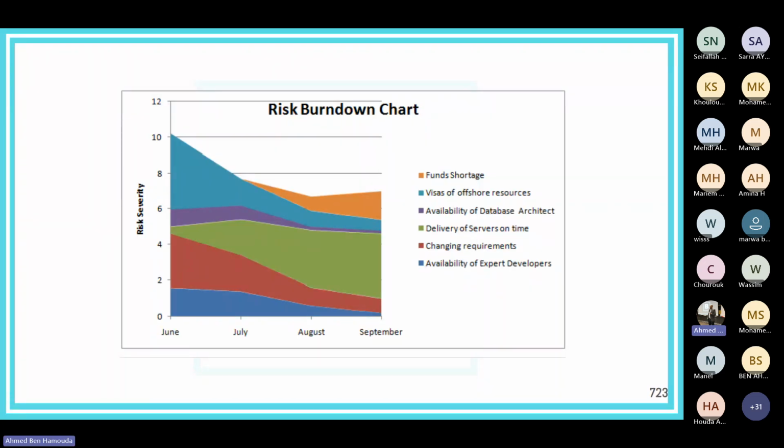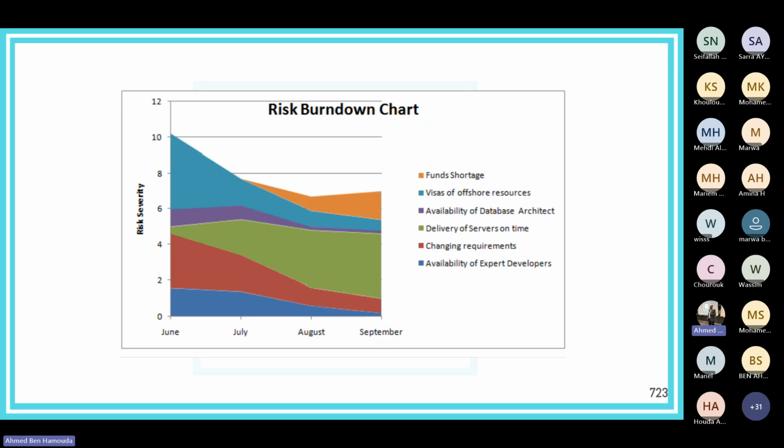What's a risk burn down chart? A risk burn down chart is helpful to follow up with the risks from the start or the beginning of the project until the end of the project. So let's suppose here we have a project where we started with 5 identified risks.